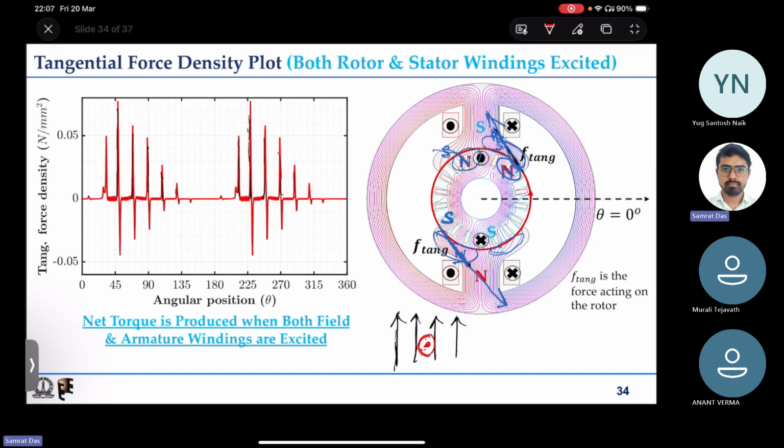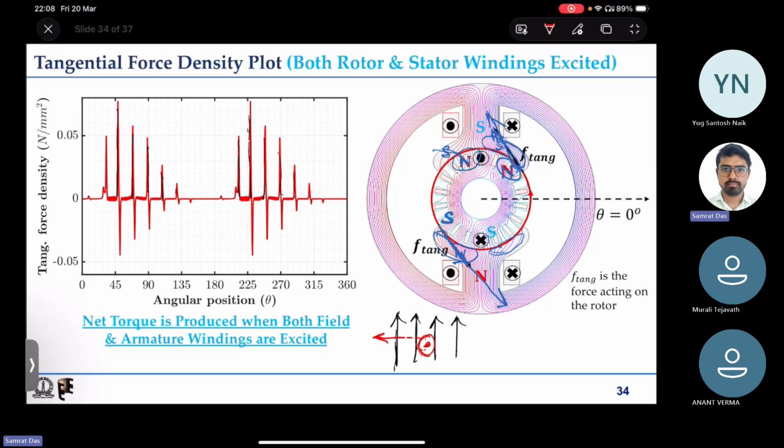Because of this, you have some left hand rule, which will tell you that there will be some force acting on this conductor in some direction, say in this direction, right?